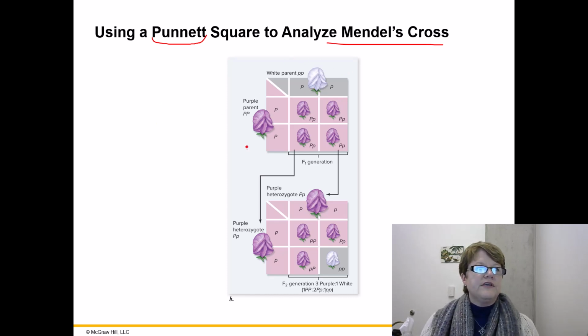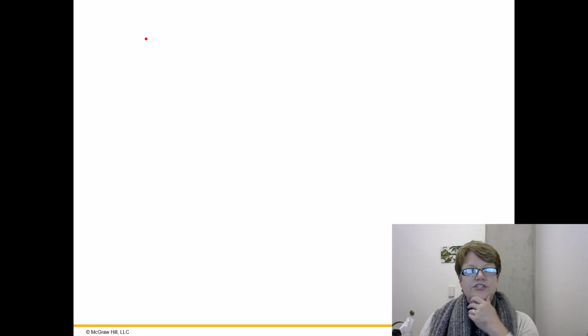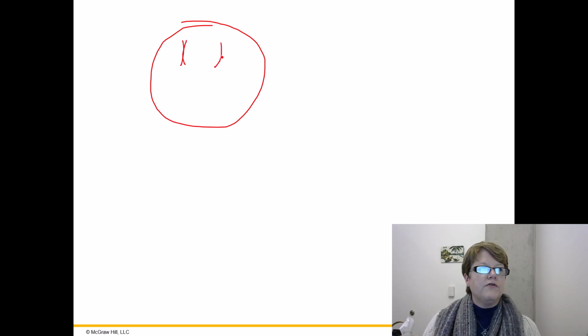So I know this picture here is how it's usually shown. I'm going to start with a blank slate here, and I'm going to tell you what's being indicated when they show you a Punnett square. First of all, genes are on chromosomes. And so if you draw a cell, remember we said there's a homologous pair of long chromosomes and a homologous pair of medium chromosomes.